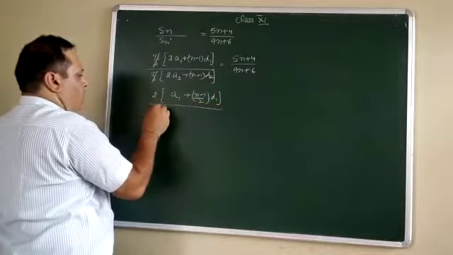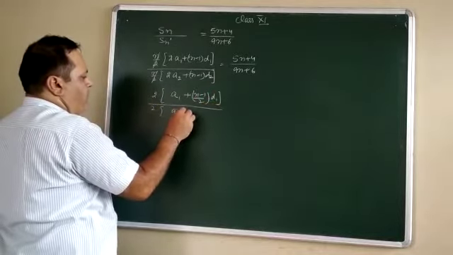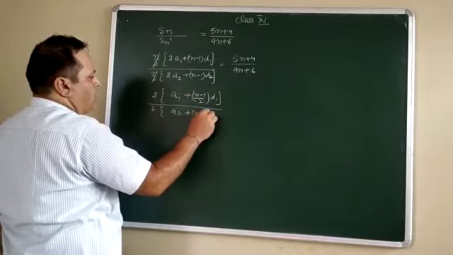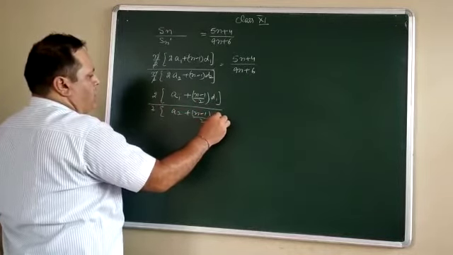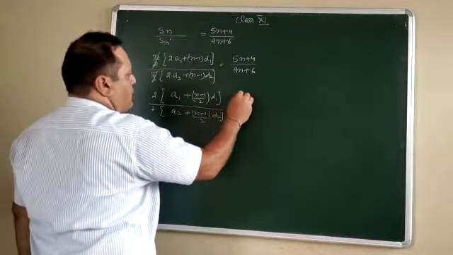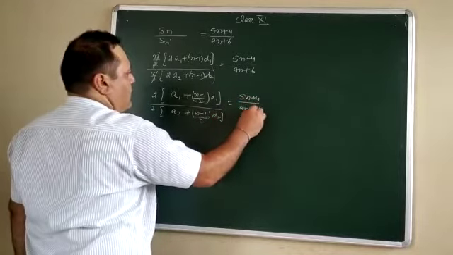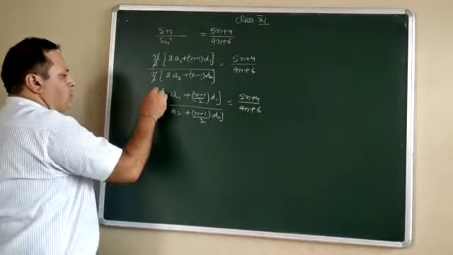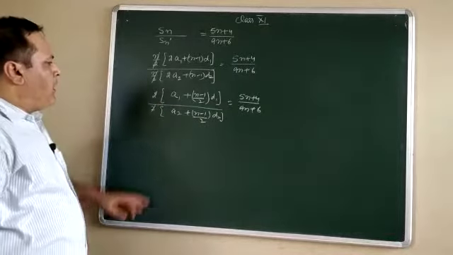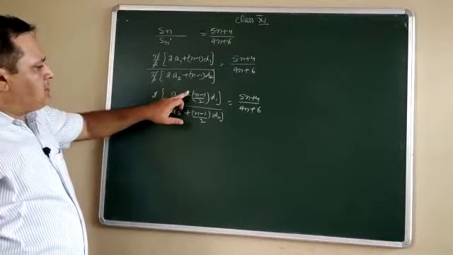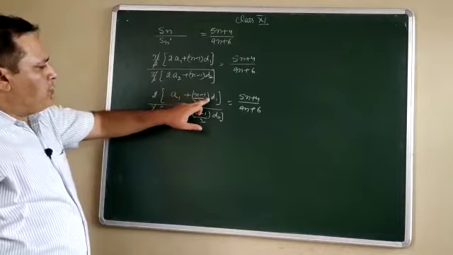It is a1 plus n minus 1 upon 2 into d1, upon a2 plus n minus 1 upon 2 into d2, is equal to 5n plus 4 upon 9n plus 6. This 2 gets cancelled.